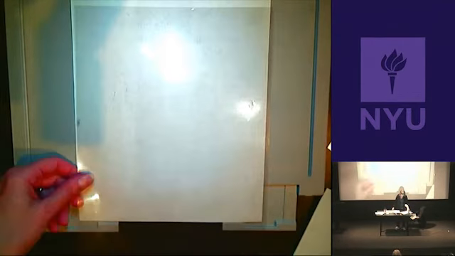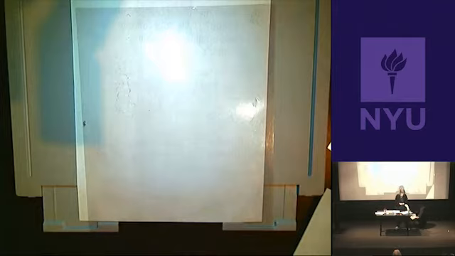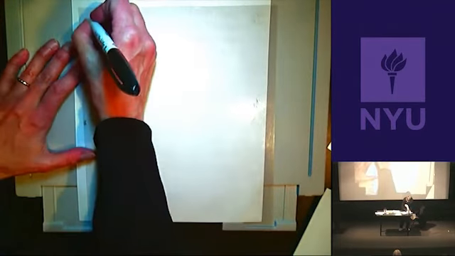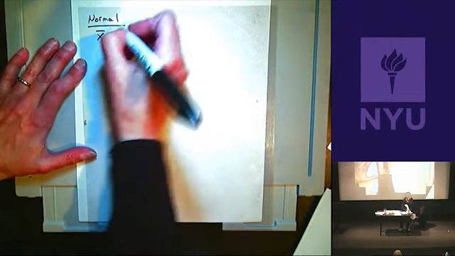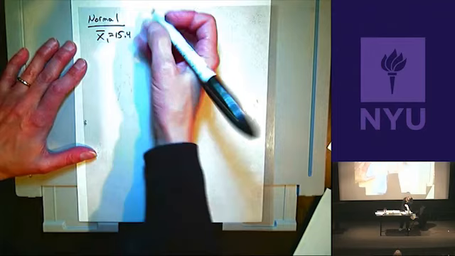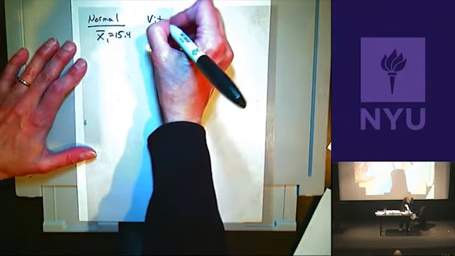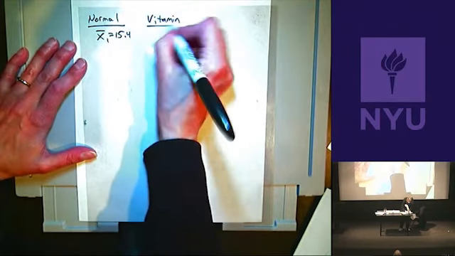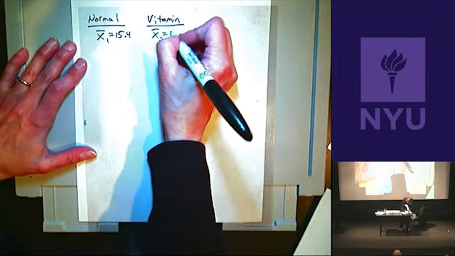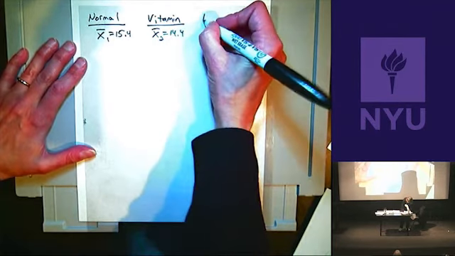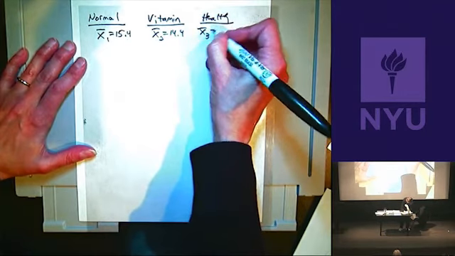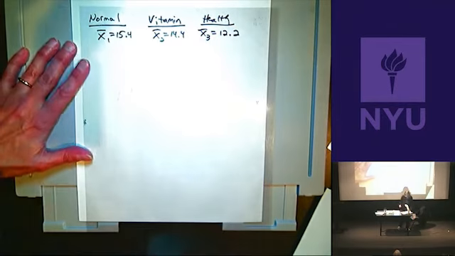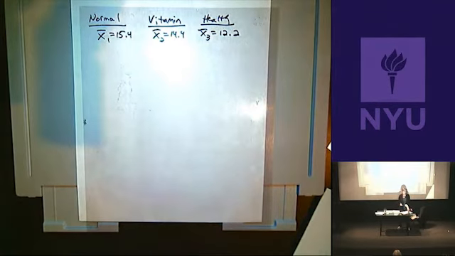I'm going to write the means up again, up top, so we can see what we're doing. Those were our means. We did this ANOVA. We found out it was significant.